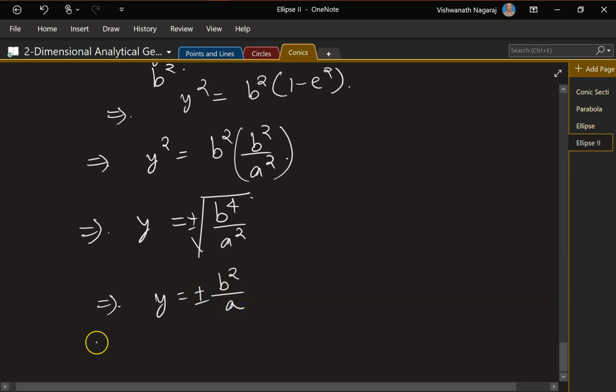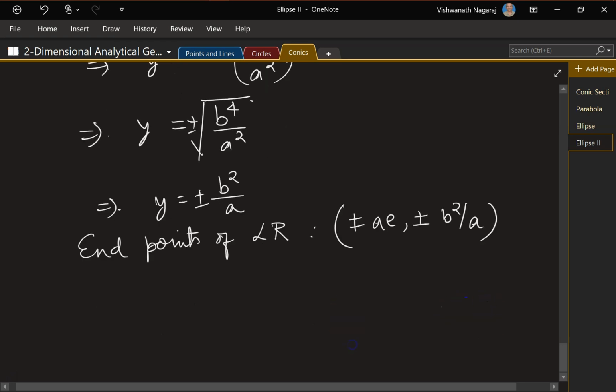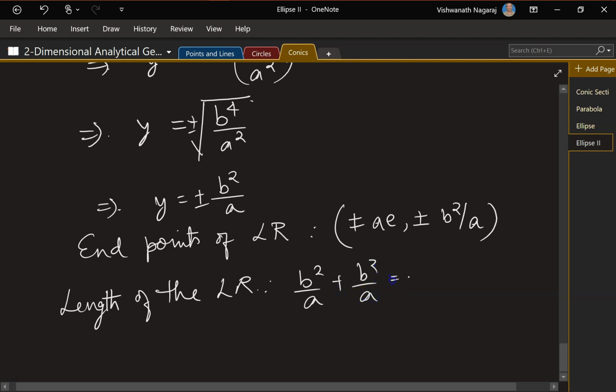So the end points of LR are (±ae, ±b square by a), and the length of the latus rectum would be b square by a plus b square by a, equal to 2b square by a.